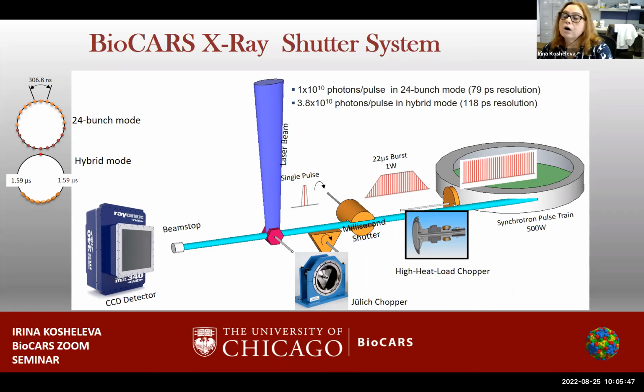And so in the very beginning, after the upgrade, the high heat load chopper custom design was put together, which is basically a disk with different patterns of openings, which allow a burst of 22 microseconds, 1 watt power downstream to our equipment.